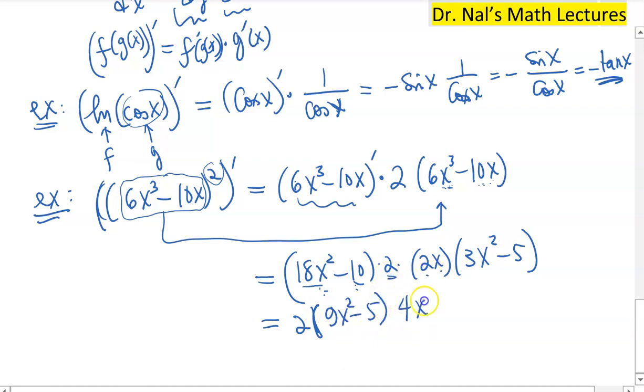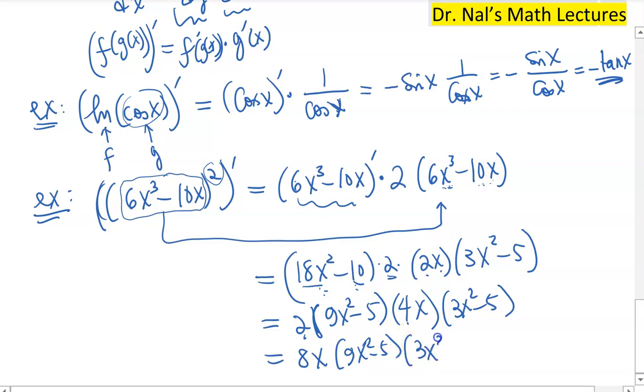So that would be 4x. And then we have 3x squared minus 5. Finally, in a factorized form, 2 and the 4, 8x. And then we have 9x squared minus 5. And then 3x squared minus 5. That's it. That would be the derivative of this initial given expression.